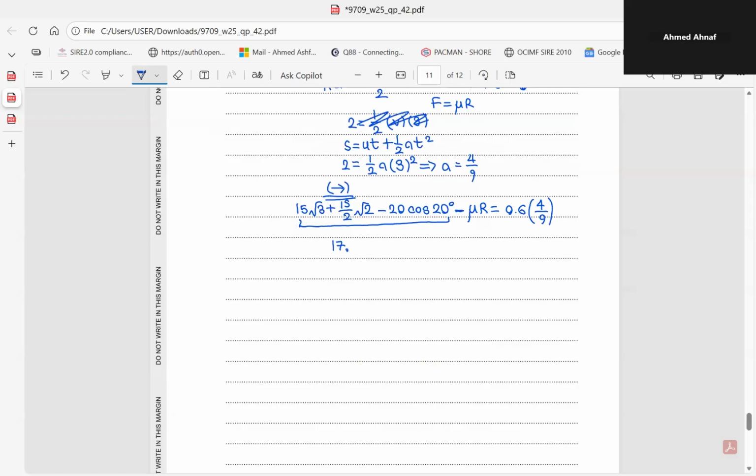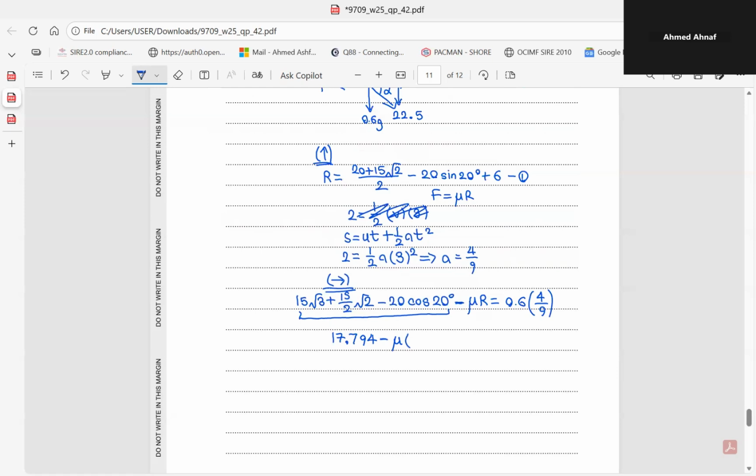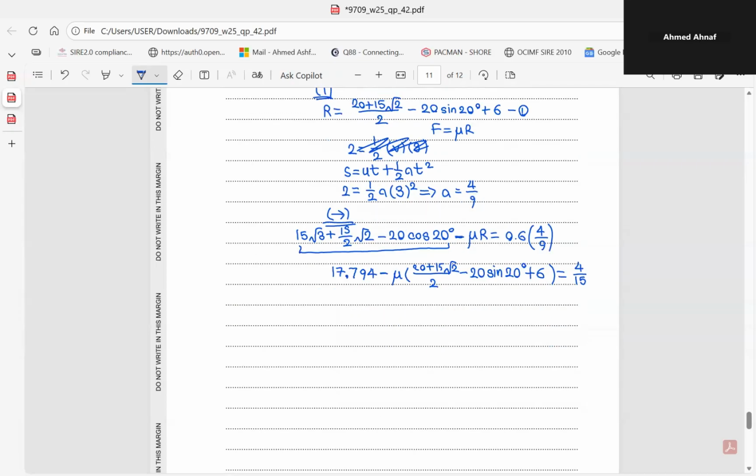This is 17.794 minus mu, and then R is 20 plus 15 square root 2 over 2 minus 20 sine 20 degrees plus 6, equals 0.6 times 4 over 9, which is 4 over 15.